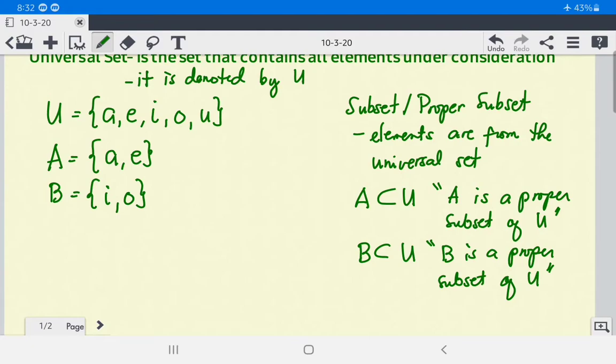Also we can say that set A and set B are equivalent sets.